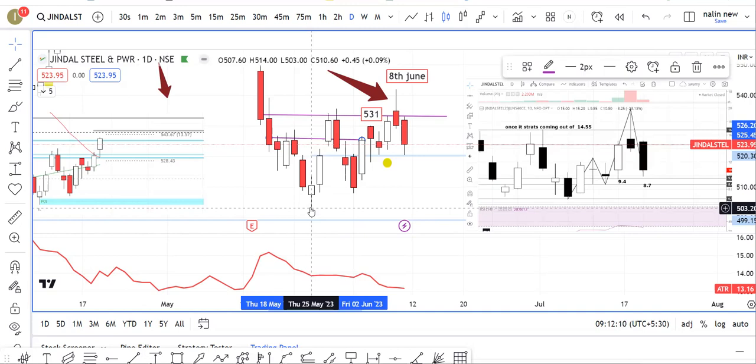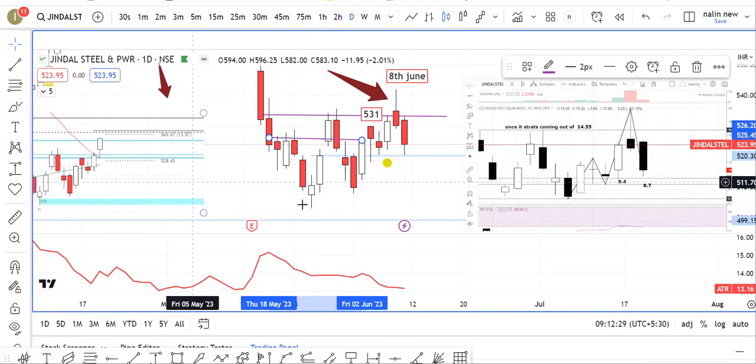From this low to this low, it made a high of 535. After making that 535, it made a low of 507.95, and this is 503.